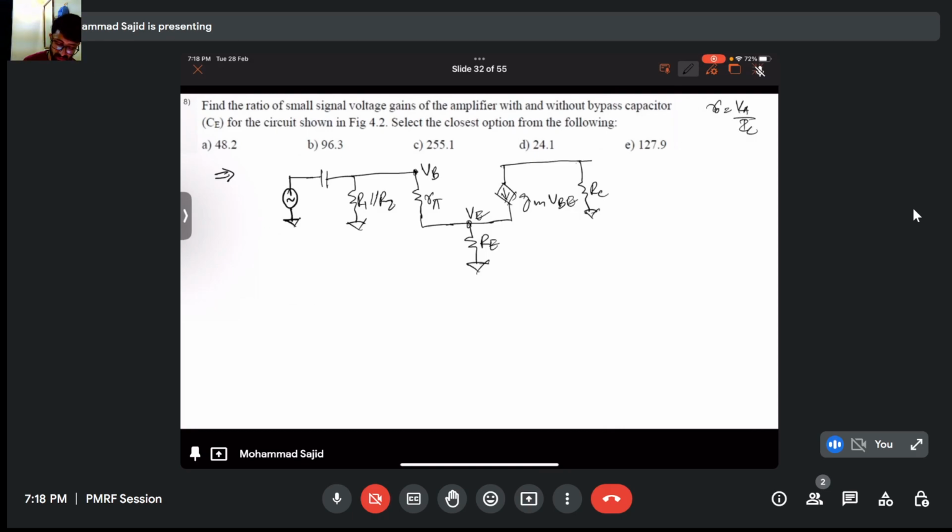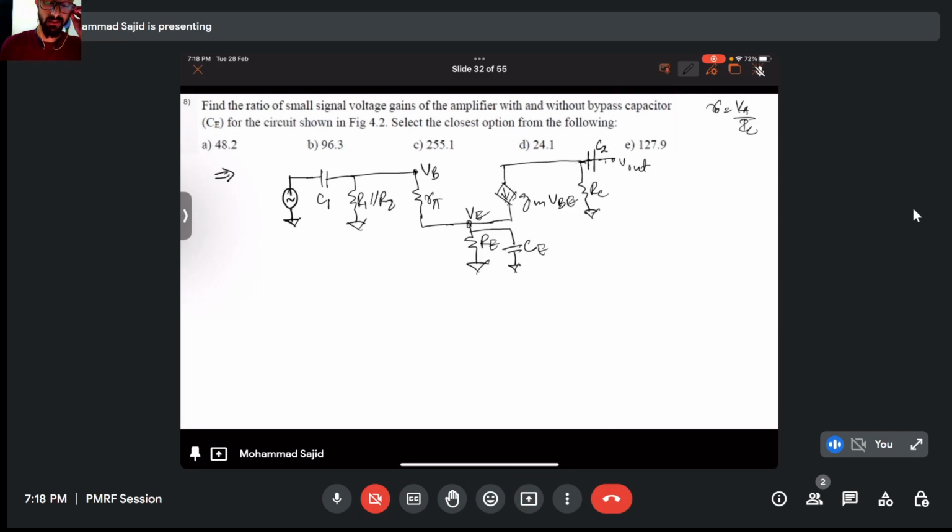So when it is high, it will simply act as an open circuit. So this is this, and you have one capacitor here, CE. This is C1. This is C2.